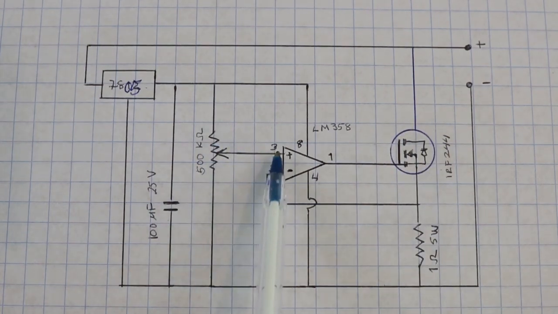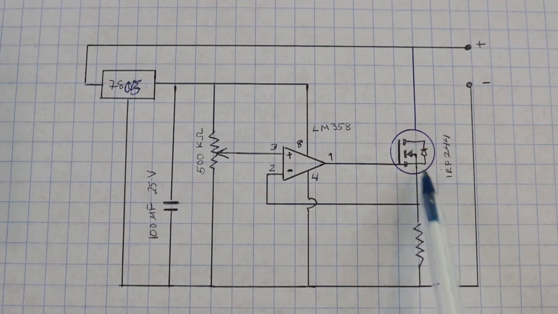Voltage at pin 3 is controlled by the potentiometer, and the voltage at pin 2 depends on the current that passes through this resistor. It is a 1 ohm resistor, so 5 amps of current will generate 5 volts at pin 2.